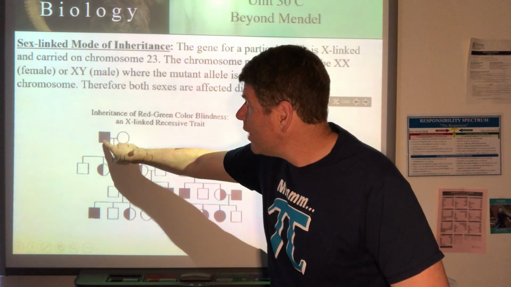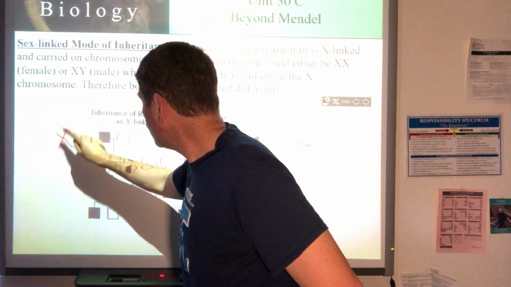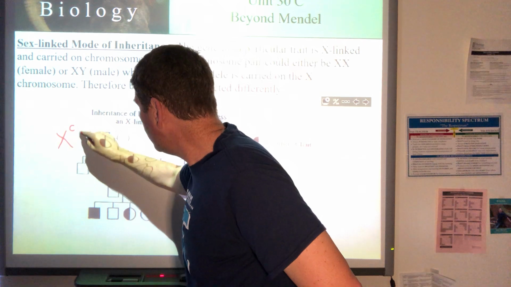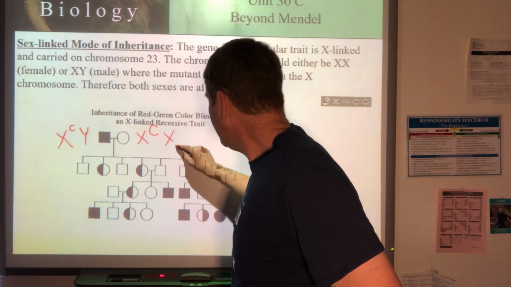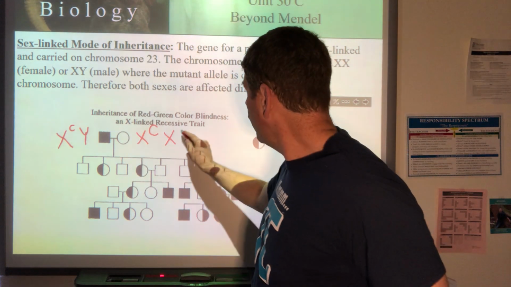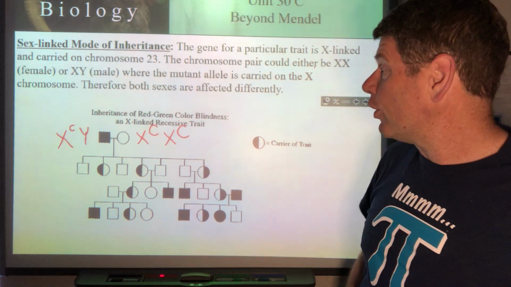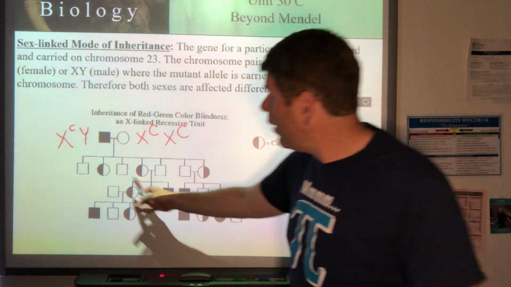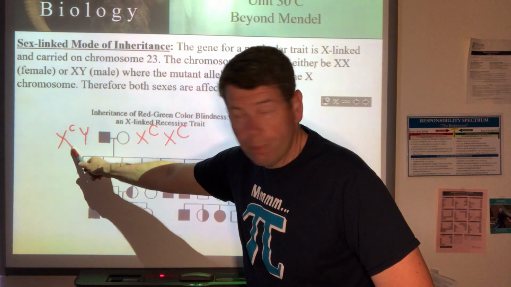Remember, because that male would look like this, right? So would be little c, Y, and then our female, because she's not shaded in half, must have 2 dominant alleles to be able to see color. So notice how every female receives the X from the father.